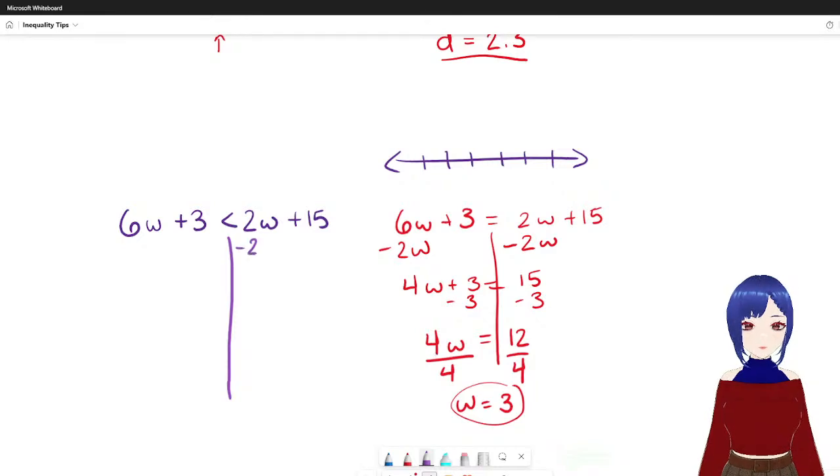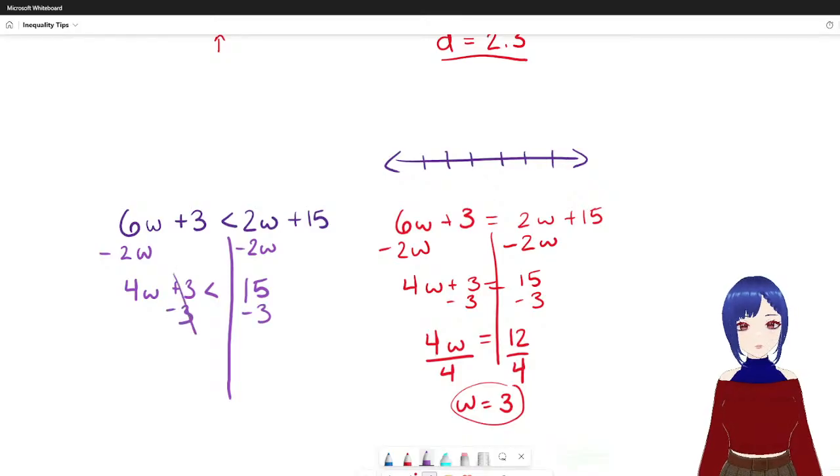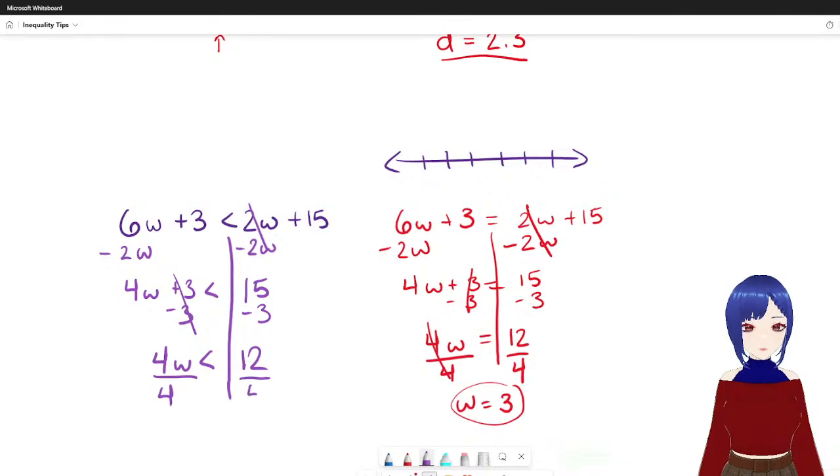Now for the inequality, we would start by subtracting that 2w. We would have 4w plus 3 is less than 15. Subtracting 3 from both sides gives us 4w is less than 12. And then divide both sides by 4.